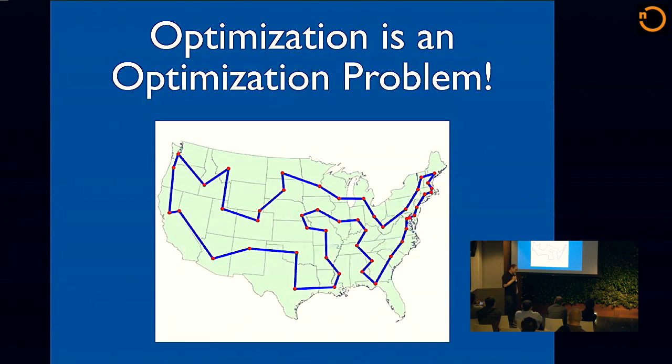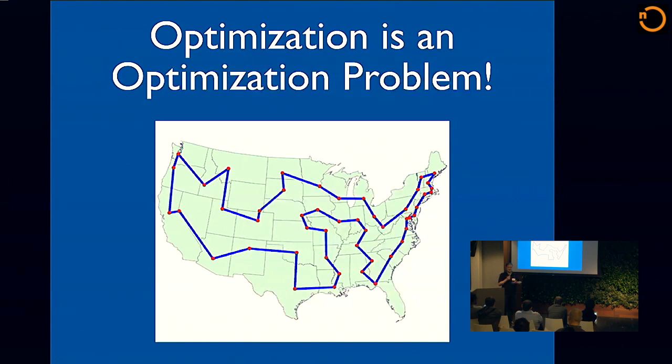What you're probably starting to get a sense of is, well, optimization is an optimization problem. And I mean that in the sense of, it's like traveling salesman. It's not entirely clear whether you should go to that city next or that city next. And screwing up one of those will drastically change the outcome.